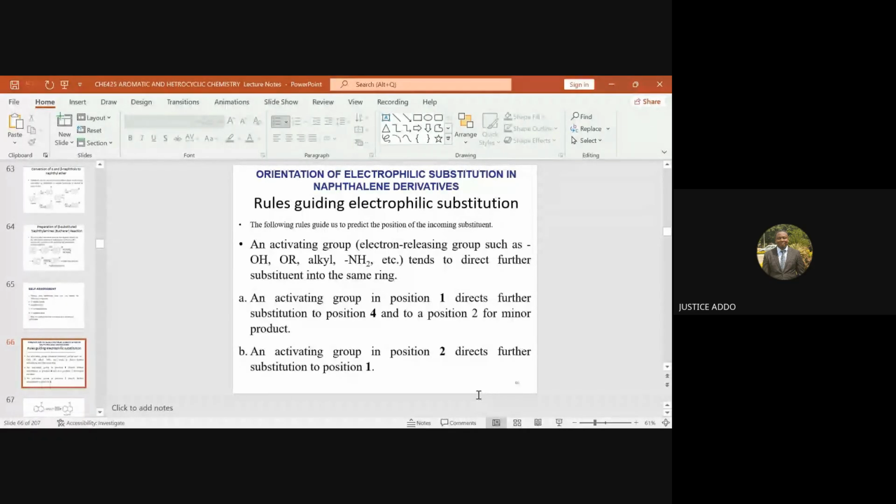So we were looking at how naphthalene behaves in terms of reaction when we're looking at nitration, halogenation, the other reactions of benzene, which we already know. But if you recollect, when we were dealing with the reactions of benzene, we said if there is no group on benzene and you are performing any of the reactions of benzene, be it nitration, sulfonation, Friedel-Crafts acylation or alkylation, the incoming group can go to any of the carbons on benzene, and it is the same product that you will get.